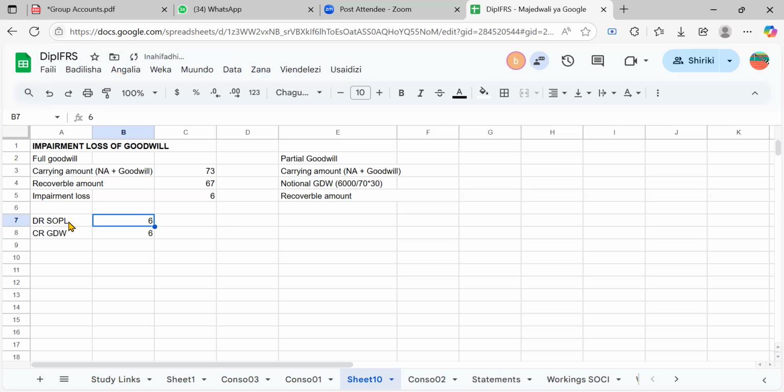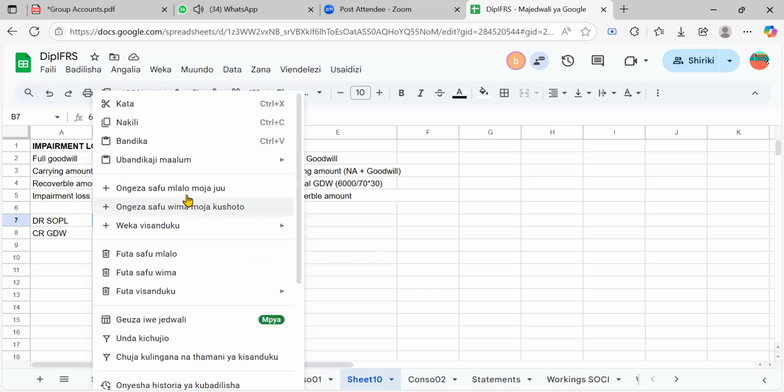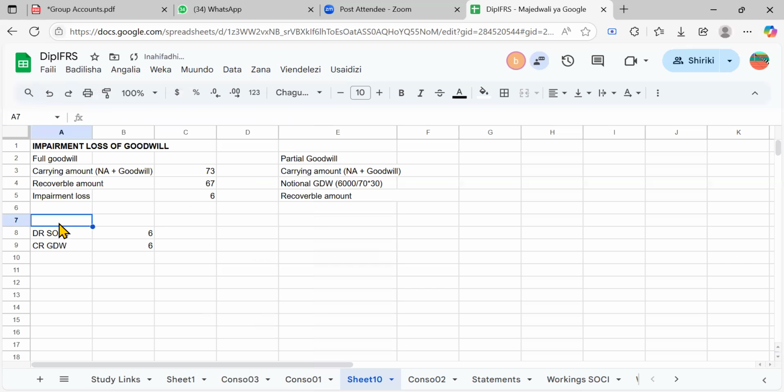Now, to make it better, in consolidation you usually have to split the figures between the parent interest and the non-controlling interest. From now onwards, you have to get that right. It is right that you could say it goes to profit or loss, it's fine. But at the end, when preparing the income statement, maybe I've got a profit of 120. You have to say maybe 90 relates to parent interest and 30 relates to non-controlling interest.